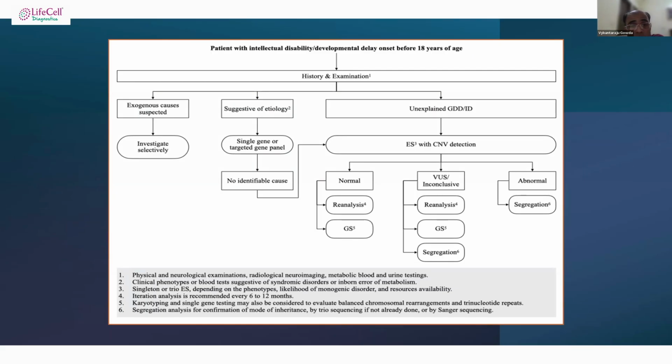If a specific diagnosis is clear from the clinical phenotype, we can go directly for testing for that disorder. If not, after ruling out acquired causes, you can go for whole exome sequencing or whole genome sequencing if affordability is not an issue. You should especially ask for copy number variation. Most whole exome tests nowadays do copy number variation simultaneously.